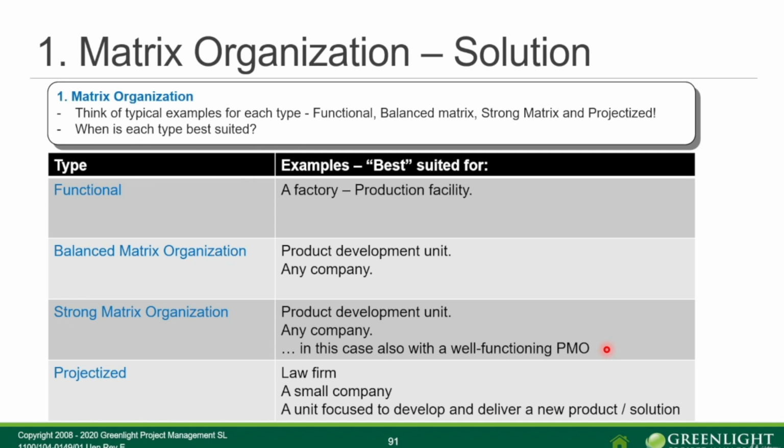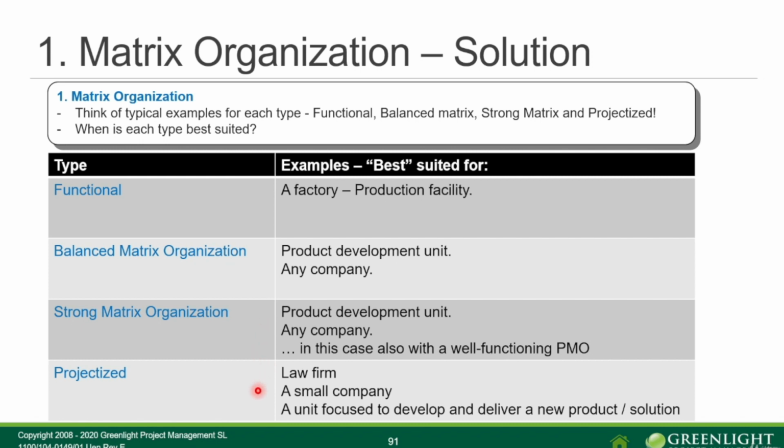They have common ways of working, so all the projects are managed in a common way to make it more efficient. So it's basically the same as in the balanced matrix one with the product development unit, for example, in any company. But it could also be a development unit with maybe improvement projects, for example, as I said before, even in a factory.